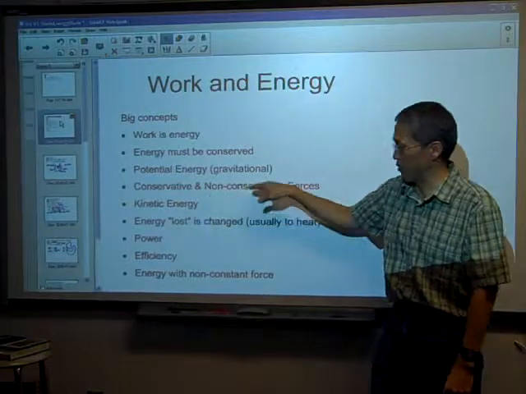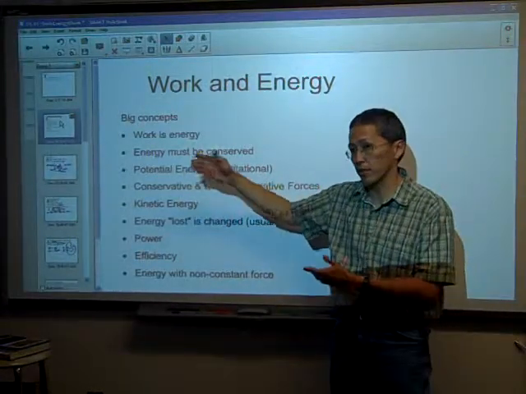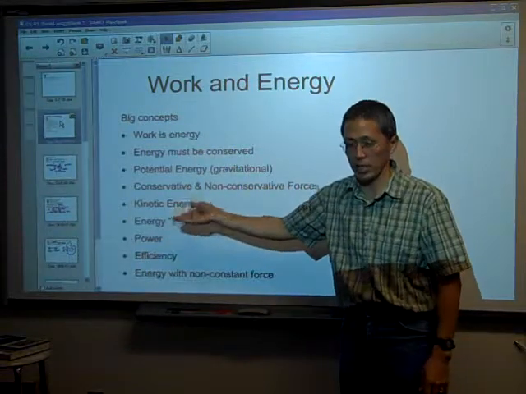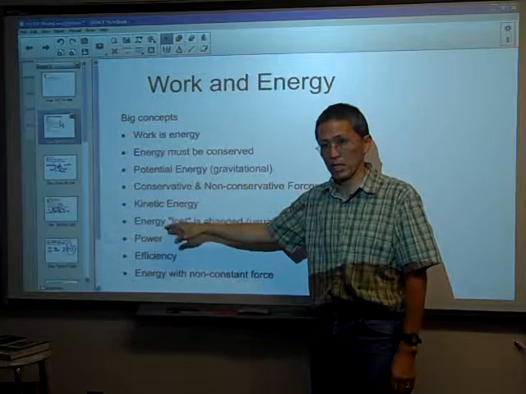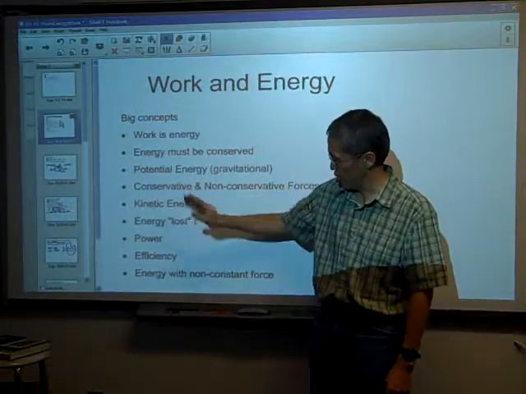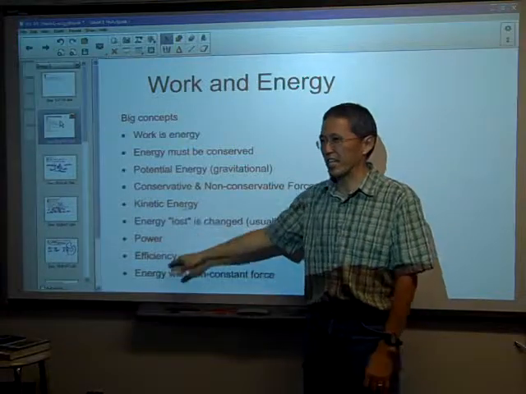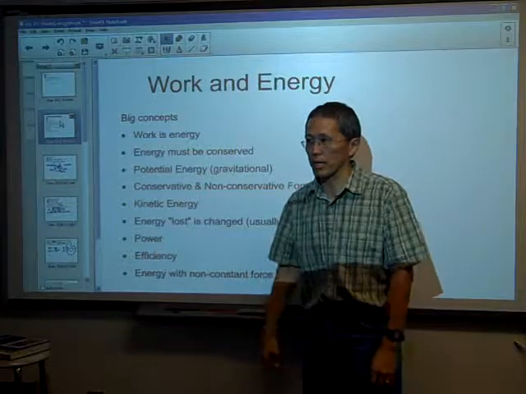Talked a little bit about conservative and non-conservative forces. Kinetic energy is energy of motion. Potential energy is energy of position. And then we talked a little bit about losses, a little bit about power, a little bit about efficiency, and just a little tiny bit about energy with a non-constant force.